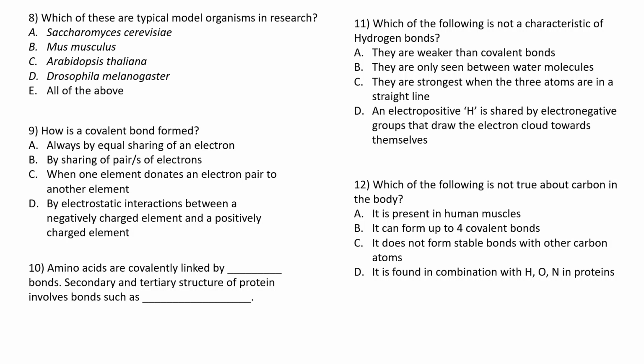And of course, it can form covalent bonds because it has four empty spaces for electrons. It's also found in combination with H, O, N, and also S. There are some sulfur-containing proteins as well, which I haven't mentioned here. And of course, it's present in human muscles because muscles, after all, are made from a bunch of different proteins, and proteins have carbon. So that's great.